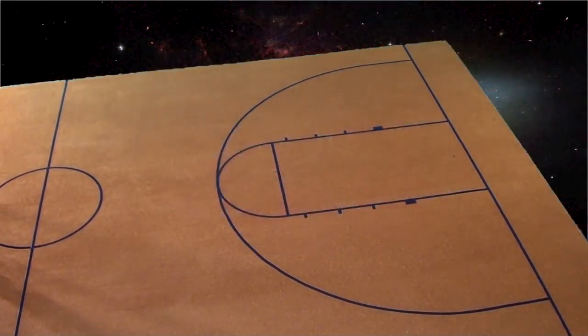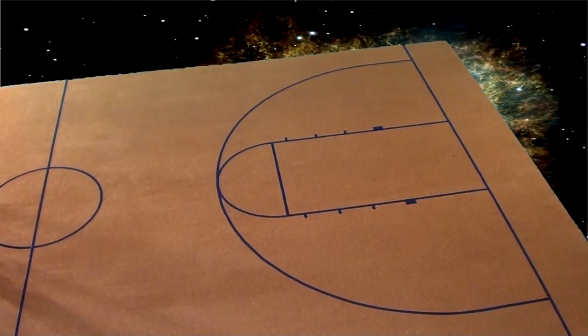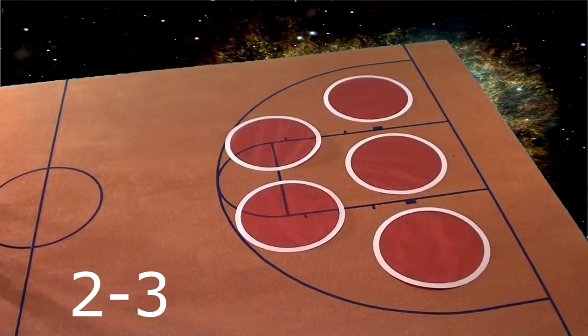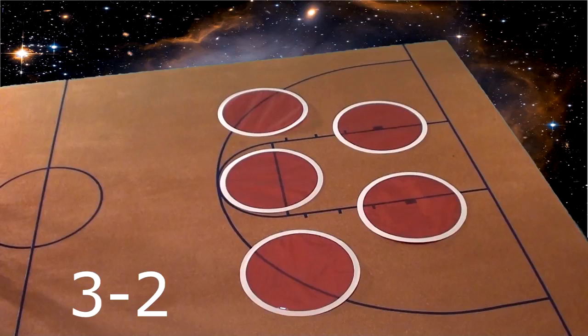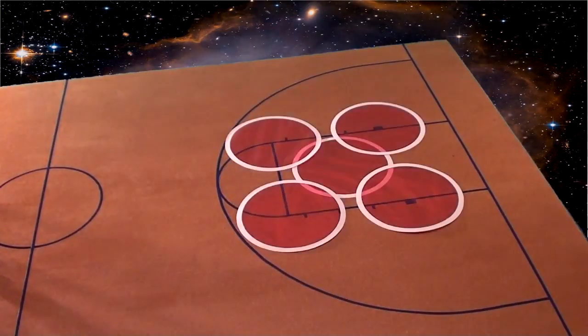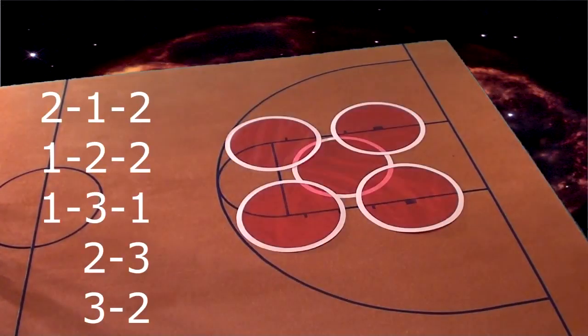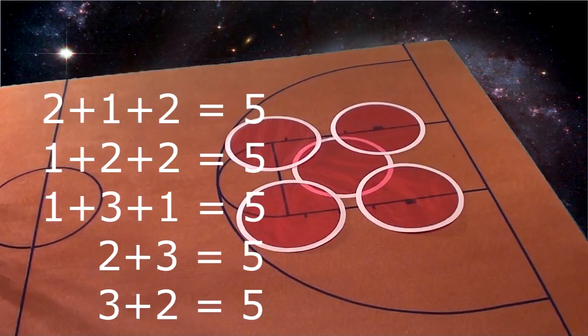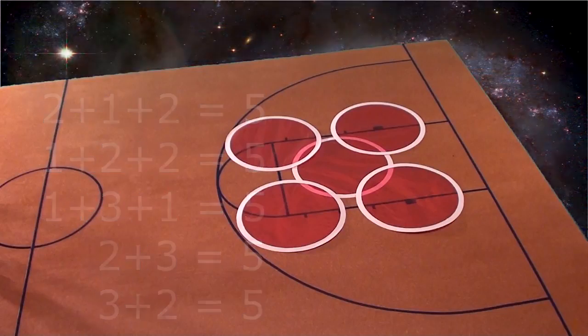You can modify these locations slightly to create the other two popular zone defensive sets, a 2-3 and a 3-2. You've probably already recognized that the numbers in the name of a zone defensive set always add up to 5, the number of defensive players on the court.